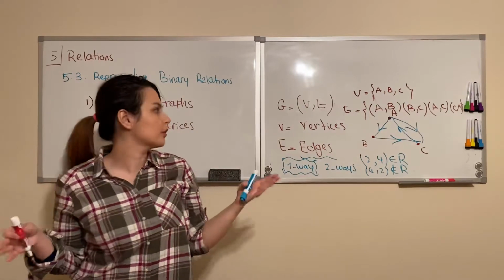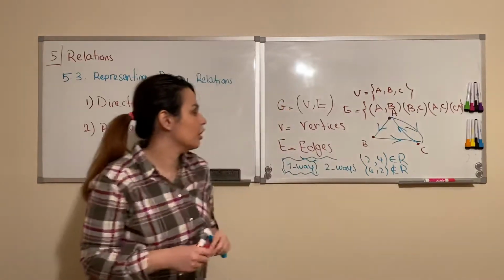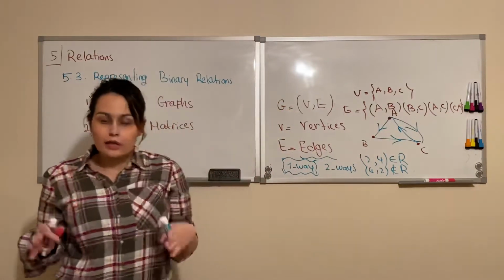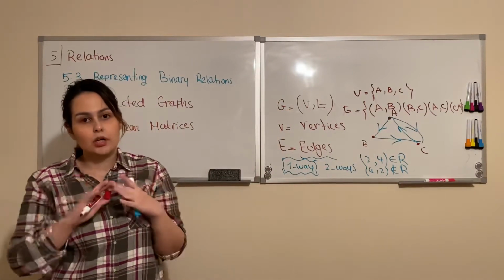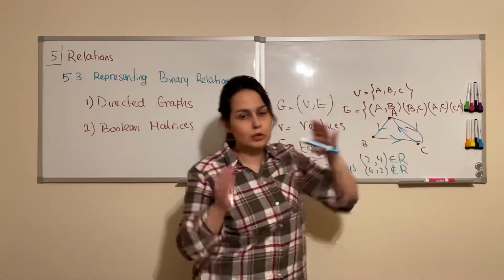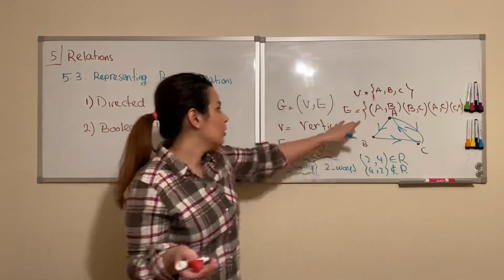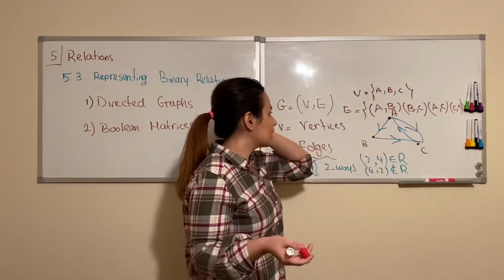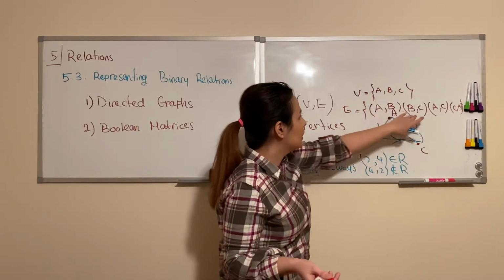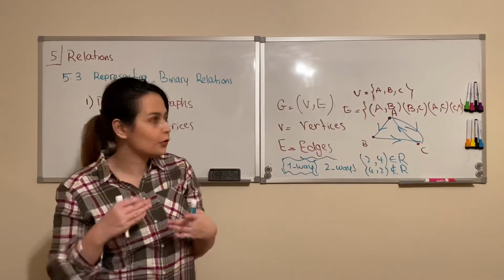I don't have any arrows on them. But here that I have arrows, I need to define all of these. In undirected graphs, A and C and C and A are the same, so the pairs are not ordered because again I don't have arrows. But in a directed graph, the ordered pairs actually are ordered, so the order matters.